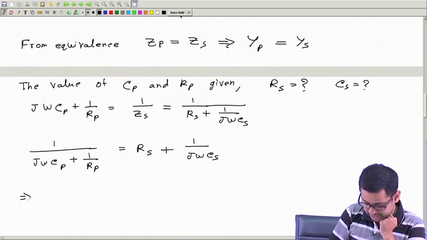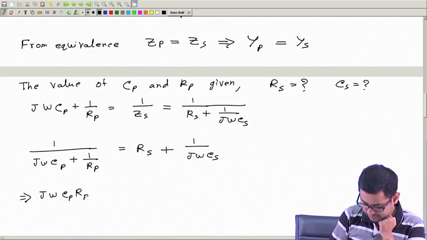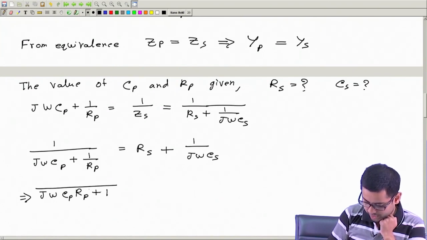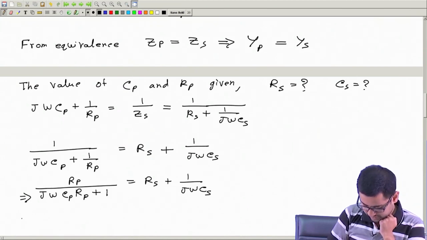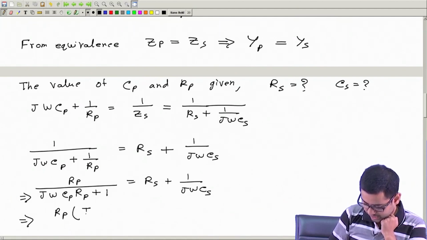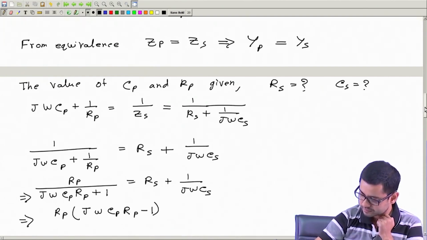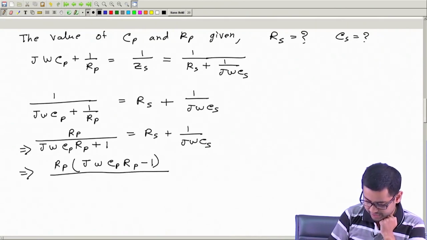So from this we can write Rp over (j omega Cp Rp plus 1), and then let's multiply this with Rp times (j omega Cp Rp minus 1), whole divided by, so this will be square of this minus square of this.